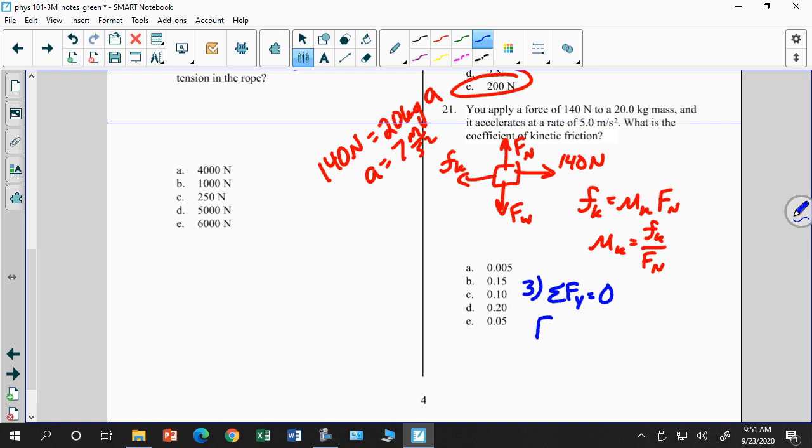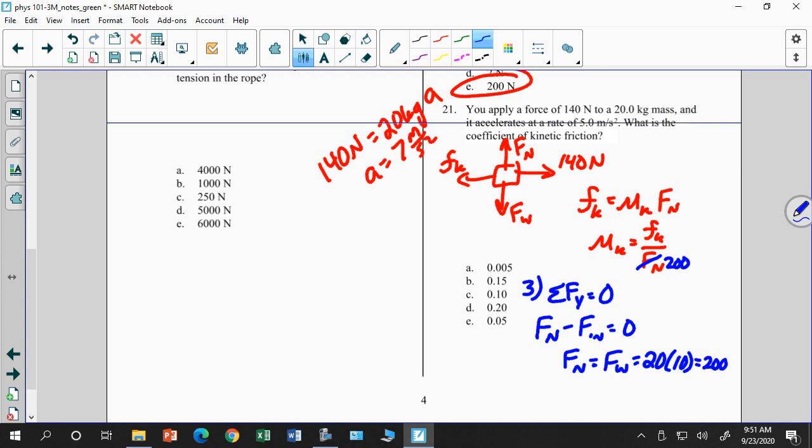That is Fn minus Fw equals 0. So Fn equals Fw, which is equal to 20 kilograms times 10, or 200 newtons. So I know that this is going to be 200 in that ratio.